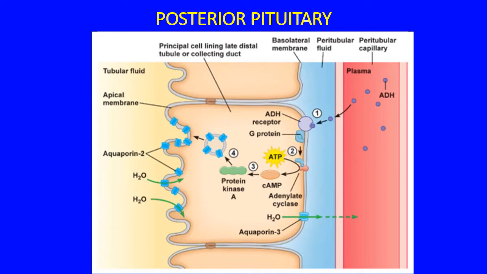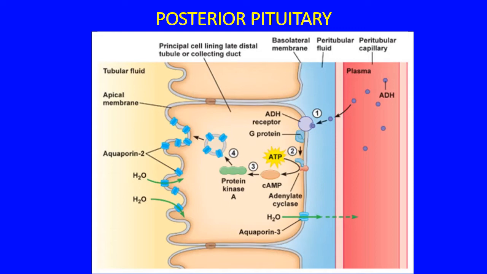ADH comes in, activates the receptor, activates the G protein. We've got cyclic AMP, protein kinase A, phosphorylation here of these aquaporin 2s. They embed here, and now you start pumping even more water out of the tubular fluid as it's going in this direction. How's that?